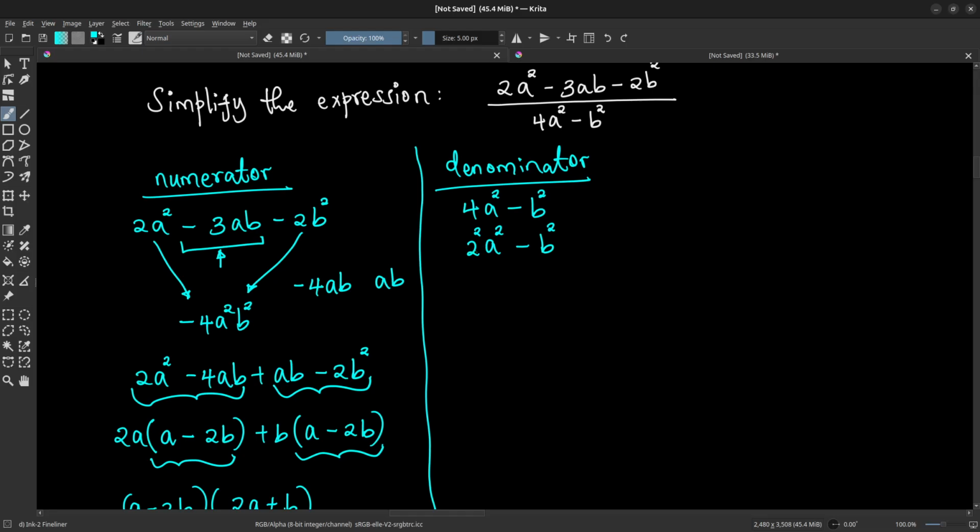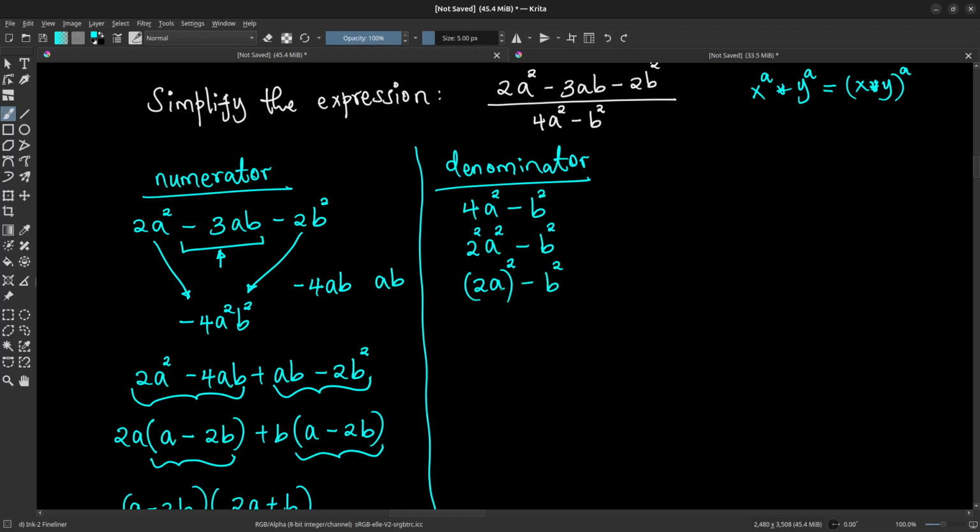Now 2 squared times a squared is the same as 2 times a, which is 2a, to the power of 2. Remember, when you are given x to the power of a times y to the power of a, so long as the powers are the same, you can just take x times y, and then raise that to the power of a. So that's what we have done here, and then we have the minus b squared.